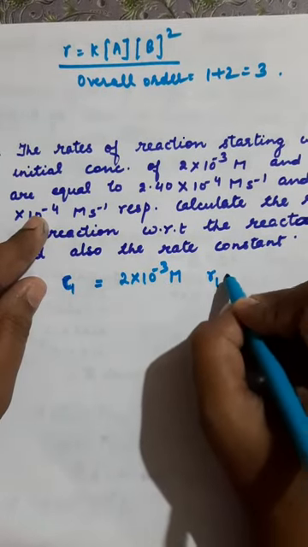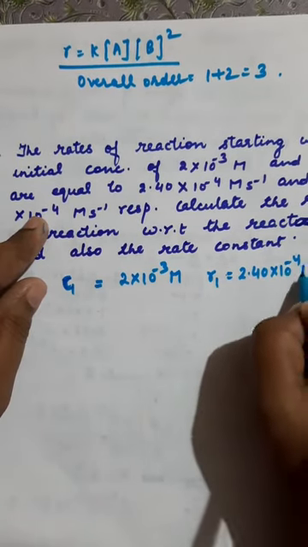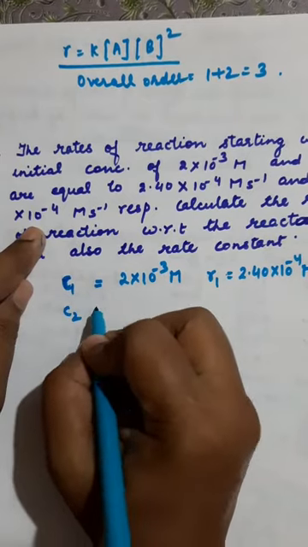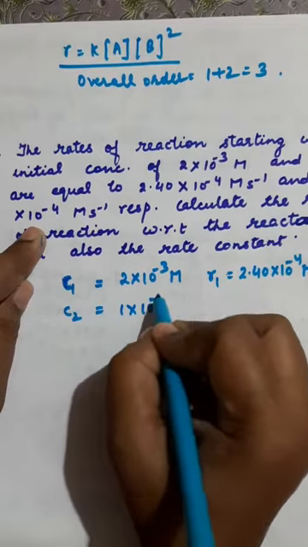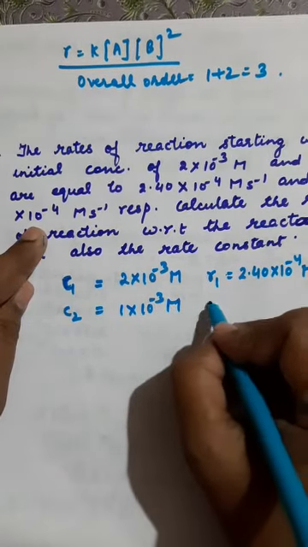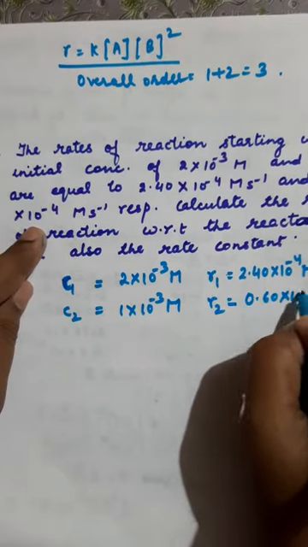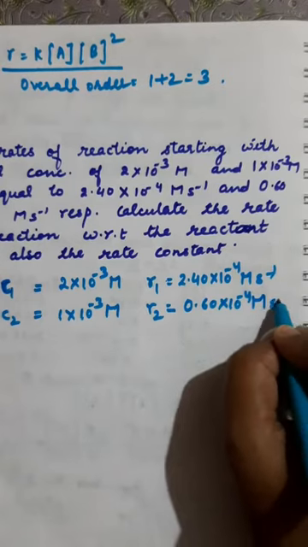R1 is given as 2.40 into 10 power minus 4 mole per liter per second. For concentration C2, initial concentration 1 into 10 power minus 3 molar. The rate of reaction is given as 0.60 into 10 power minus 4 mole per liter per second.